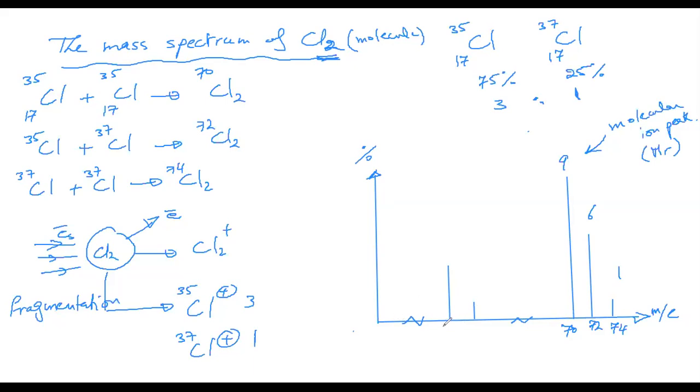So we get a peak at 35 and another peak at 37 in the ratio 3:1. That's why we got these two peaks in the ratio 3:1.